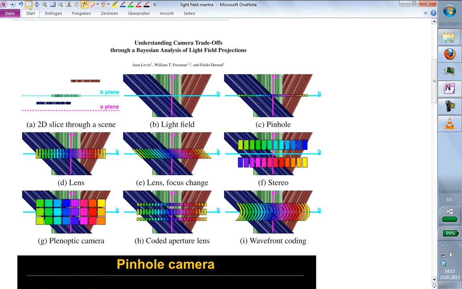And this is my favorite picture in the whole field. So I don't work actively in light field, so when I don't teach about it, I forget what it was. And then when I come back 2 years later and need to understand it again, then I just stare at this picture and it says everything. Okay, so we will spend a lot of time studying this picture.